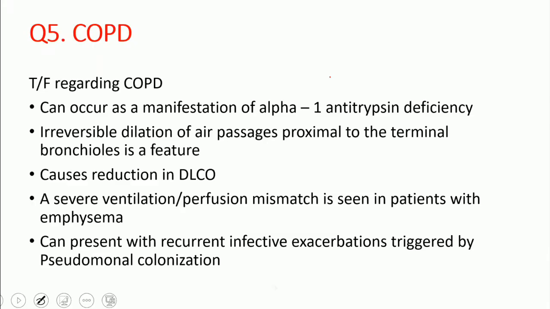In chronic bronchitis, they get recurrent bronchial inflammation and infections. So these are the disorders that you include under that big term of COPD.